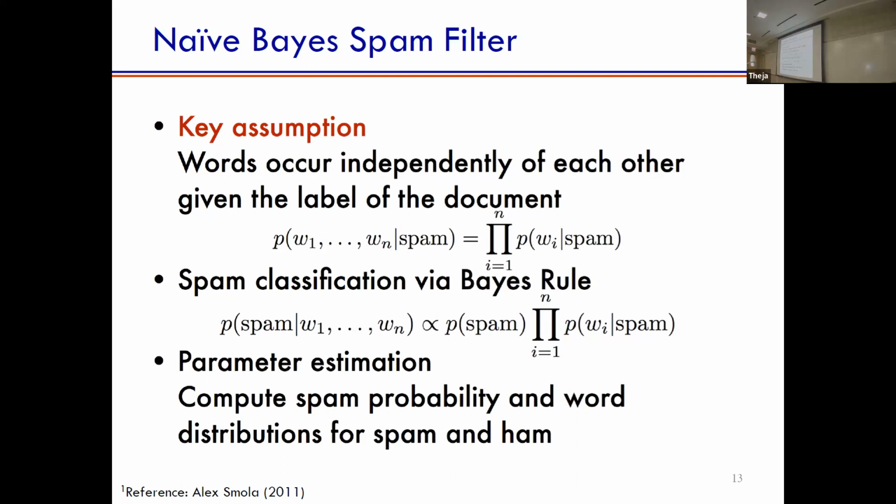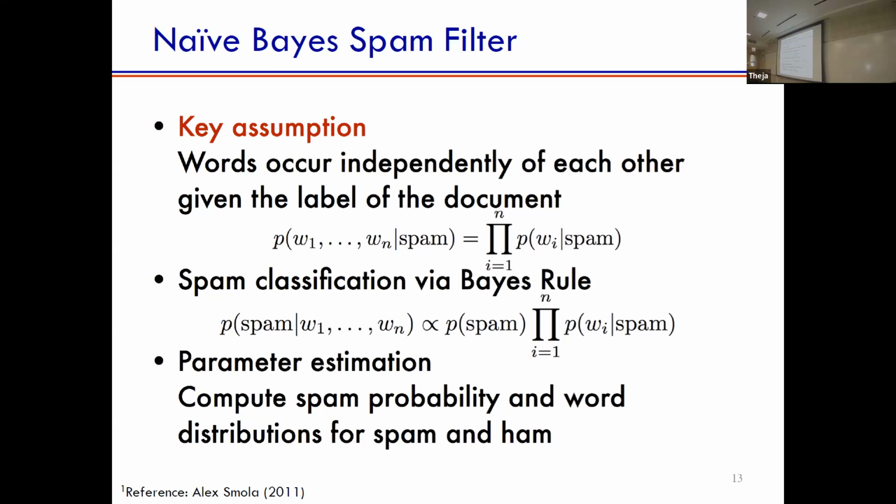Now, there is this expression here, which is just saying that the conditional probability of all the random variables W1 to Wn given the value of the label random variable decomposes, it factorizes, in this way. If you recall, the conditional probability of a random variable given another random variable generally cannot be written this way.